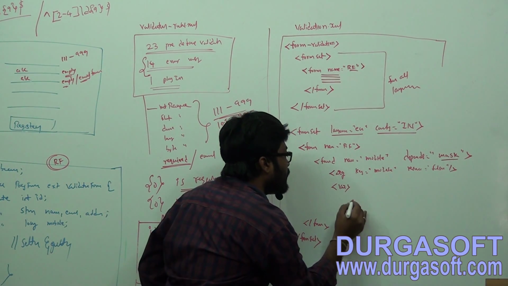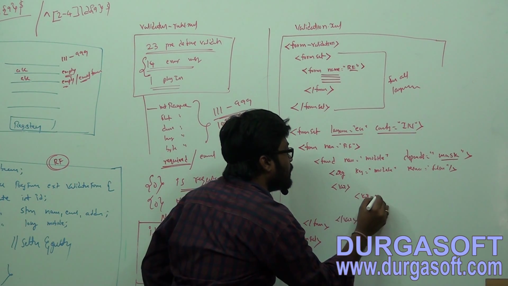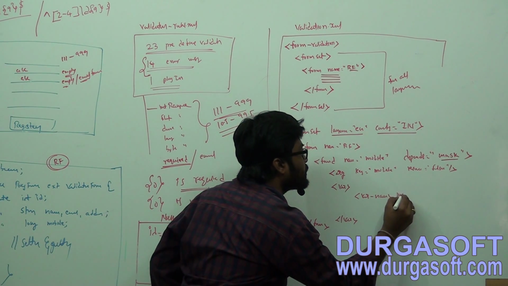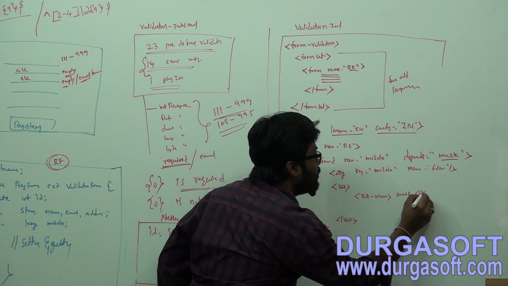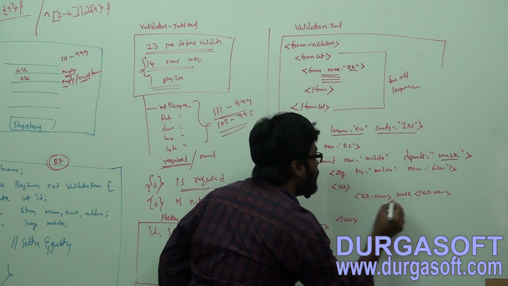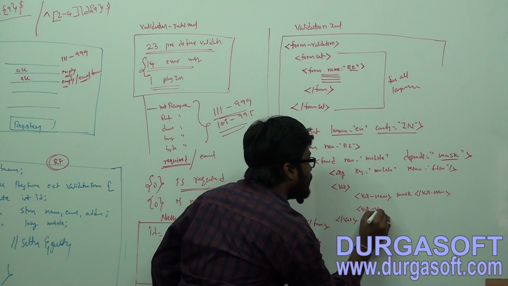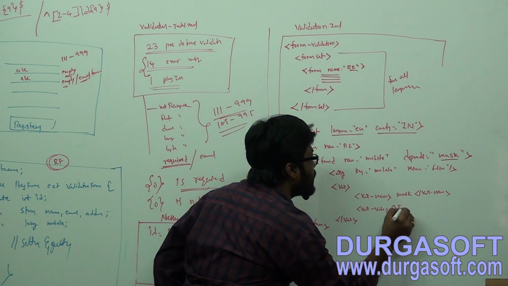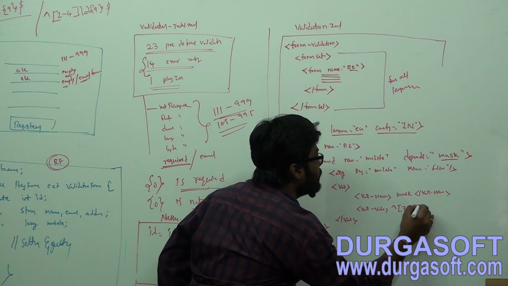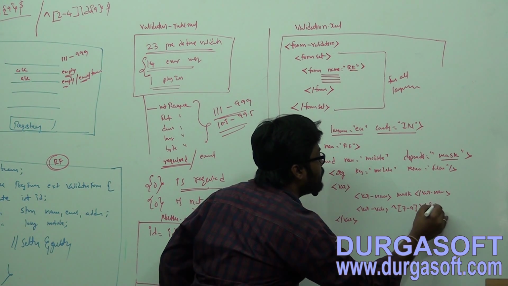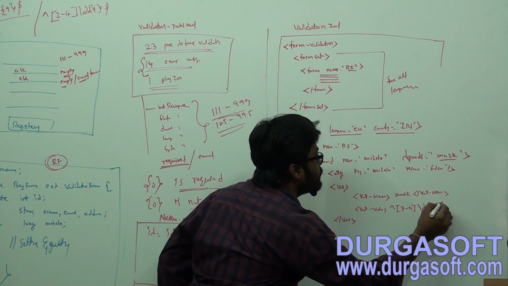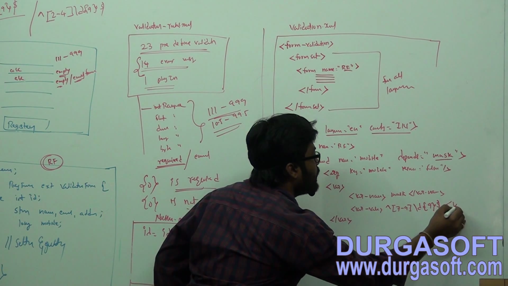Input variable we have to pass by using variable. Variable name, mask, and variable value. Variable value, this expression we have to pass. 7 to 9, $9 finally. Variable value.